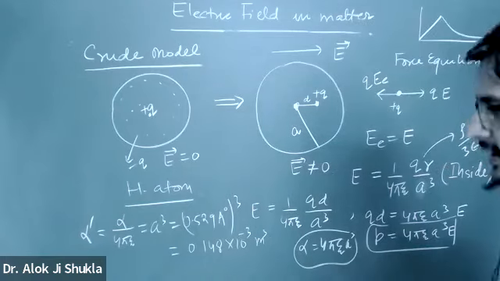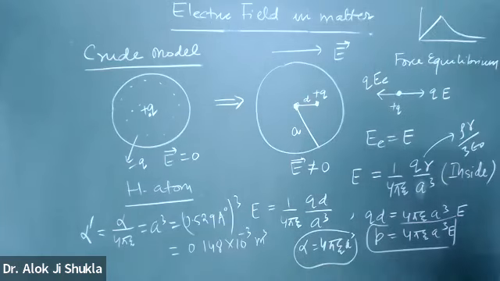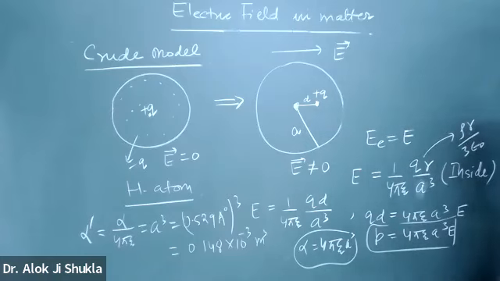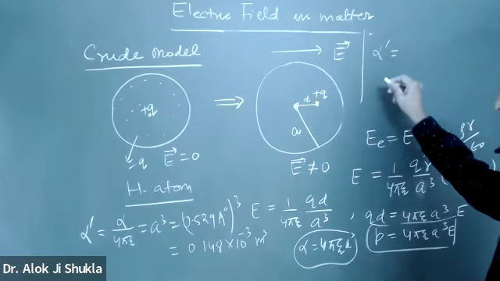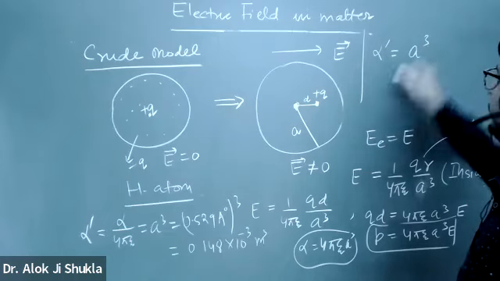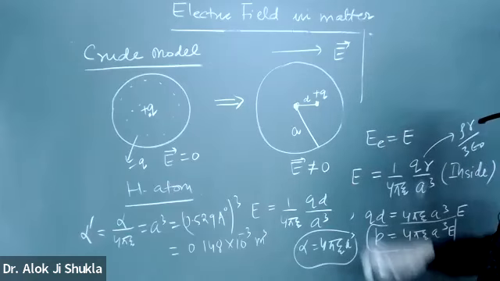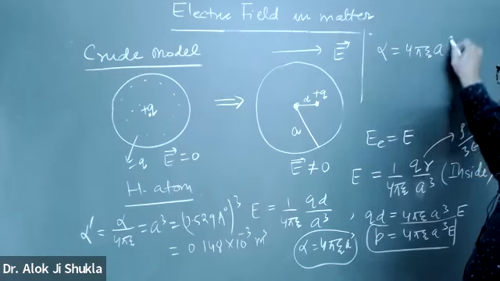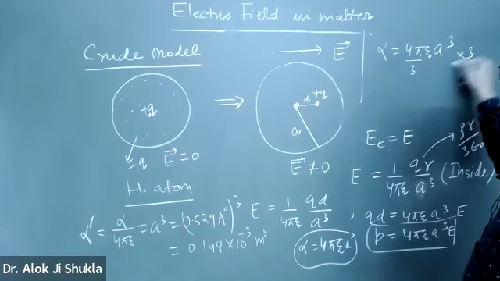And you can put it in terms of volume also. How can we write it in terms of volume? Because alpha dash is a cube, or alpha. If I say what is alpha? Alpha is 4 pi epsilon naught a cube. So just multiply by 3 and divide by 3.